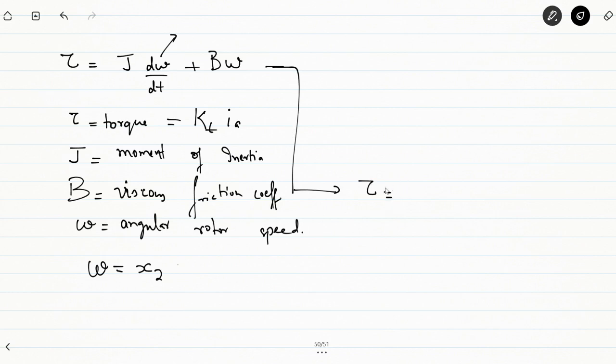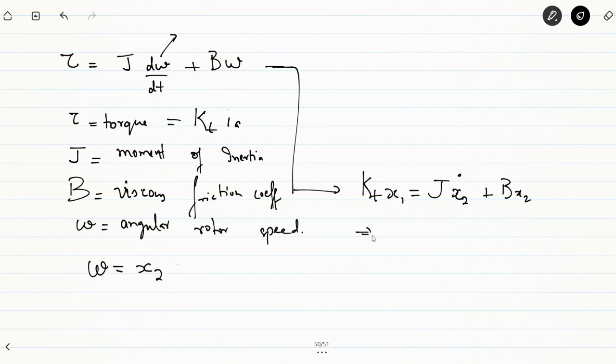So this equation becomes Kt times Ia is equal to J d omega by dt, that's x2 dot, plus B omega, that's B x2. And we know Ia is x1.